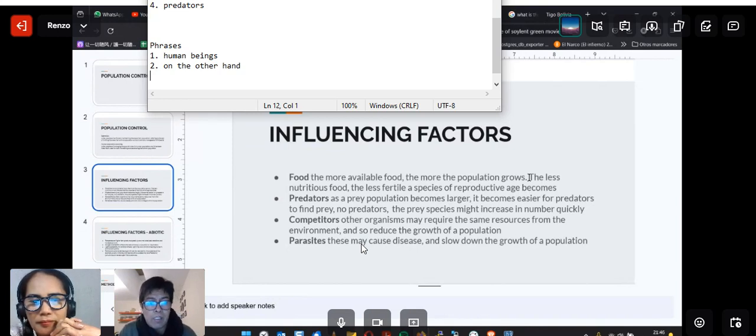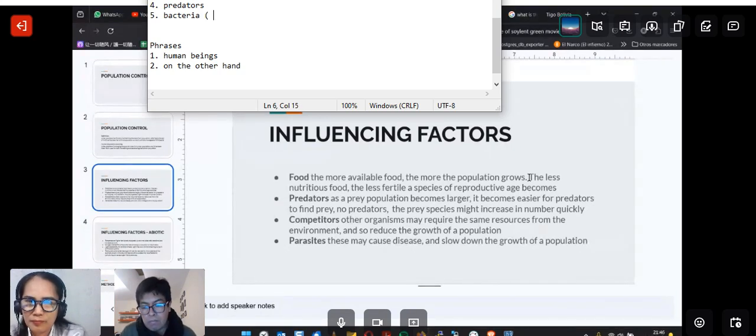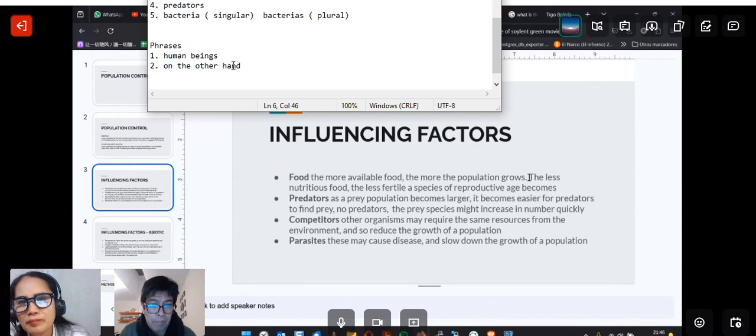And there are also parasites, disease, viruses, or bacteria, that may cause disease to the species, and therefore slow down the growth of the population, because a lot of individuals in the species die because of the disease.